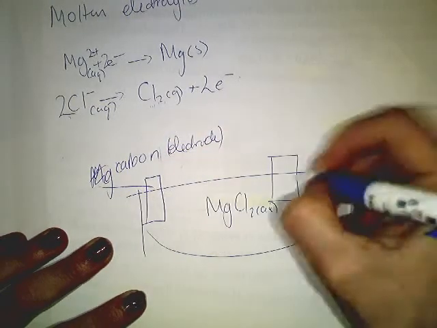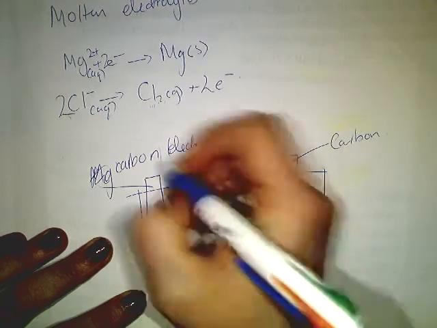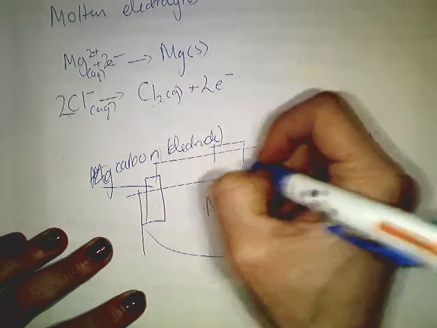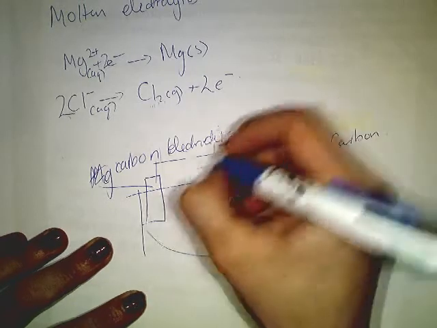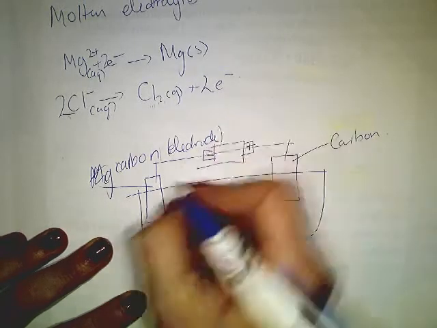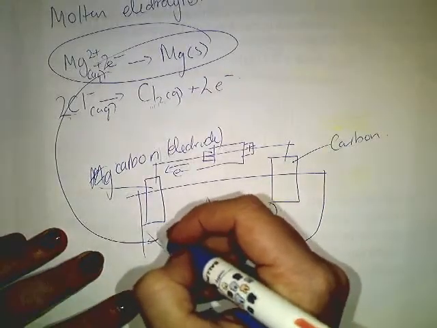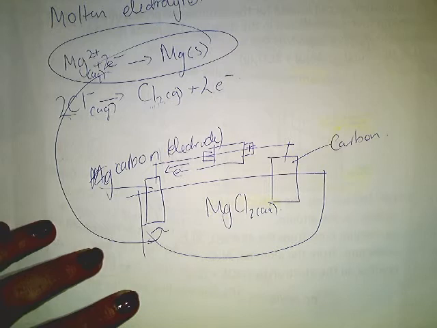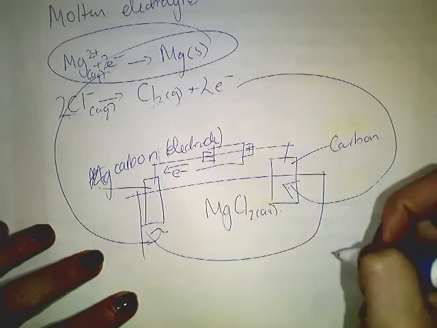And then we've got carbon on each side, and we connect it to an external power supply, and we want to go positive here, negative here, so the electrons go that way, and we want to have this reaction occurring here. We want this to be loss of electrons, so we want that reaction to occur there.